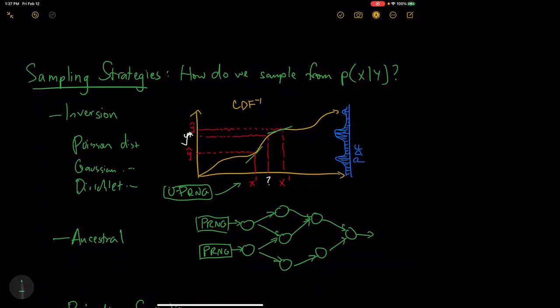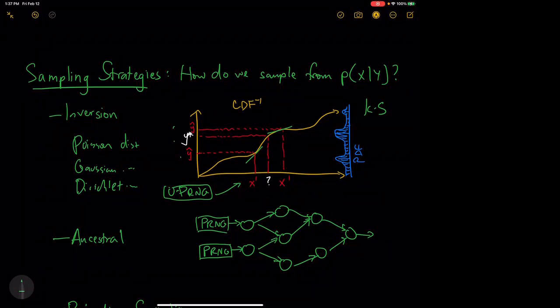What we really need is values along this axis to obtain samples. One way to do this is to use the KS transform, or Kolmogorov-Smirnov transform. It's basically like either binary search or a Newton style search.